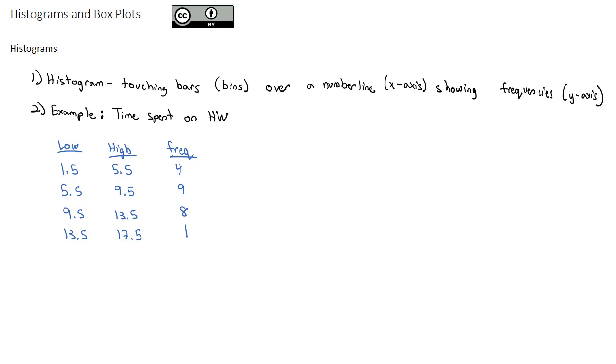We can use this information to make a histogram, touching bars that go over a number line on an x and y axis. So I could draw my axis here, and my tick marks on the x-axis are going to match my bounds for the low and high values of each class.